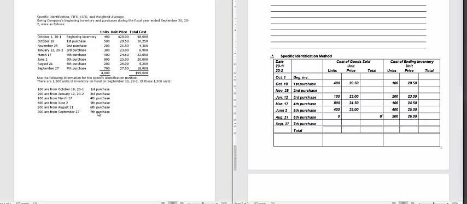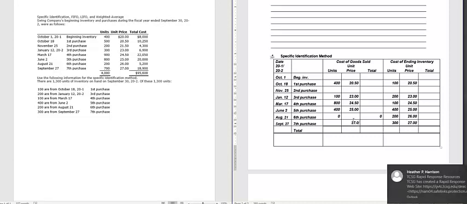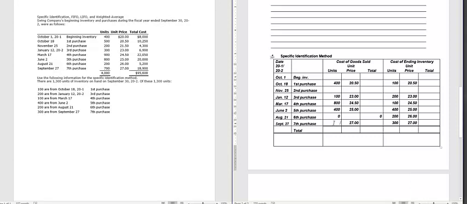And of the seventh purchase, we still have 300. Those cost $27 each. We started out with 700. If we still have 300, that means we sold 400.